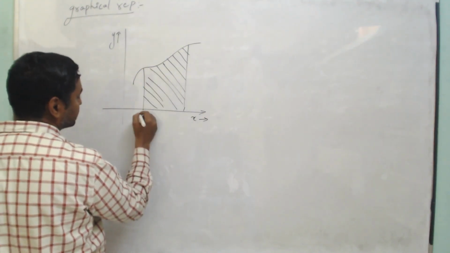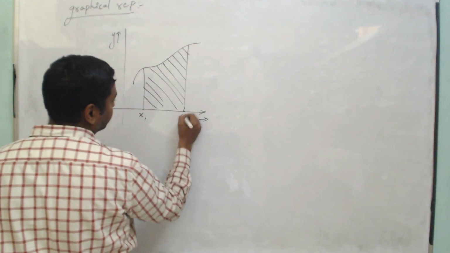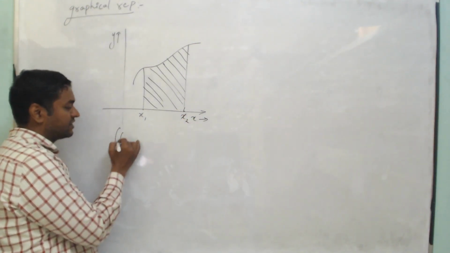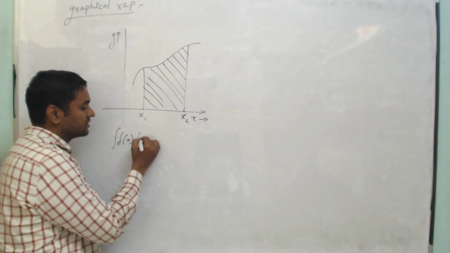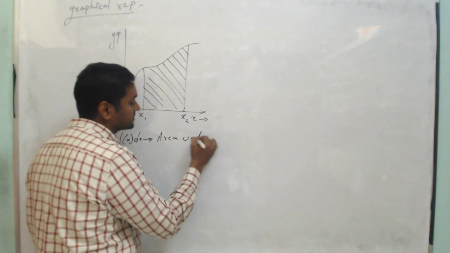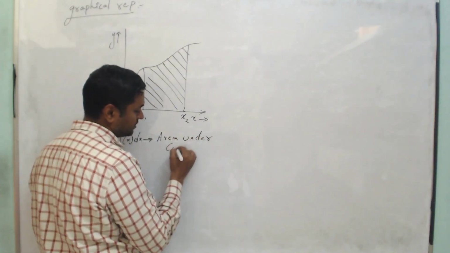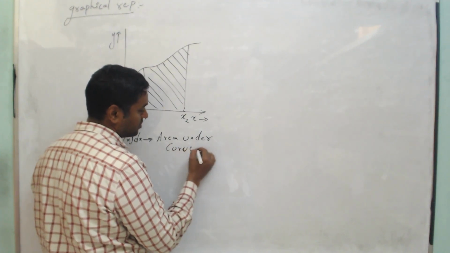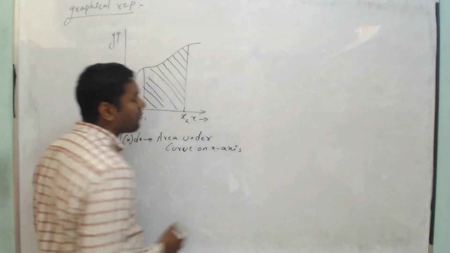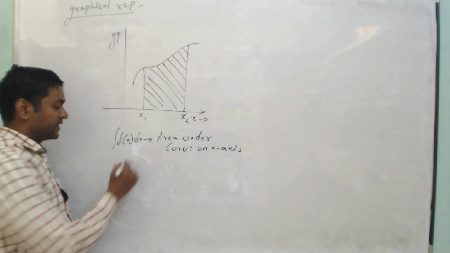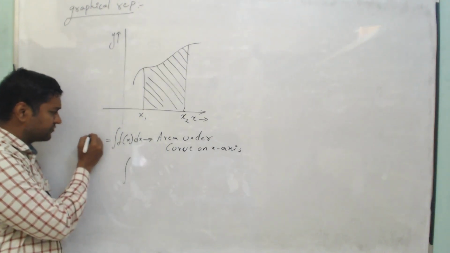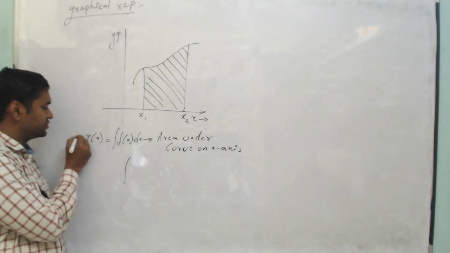And if suppose this is a definite integral, we take limits. So if I have integral of f of x dx, I know this is area under the curve on x-axis. Correct? Yes, sir. And if I have limits, suppose integral of f of x dx is some g of x plus c.